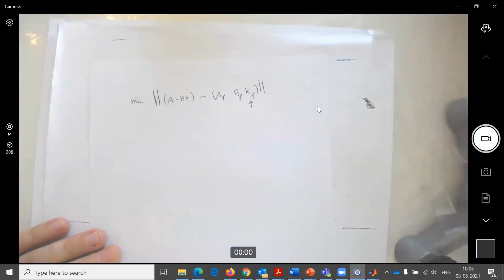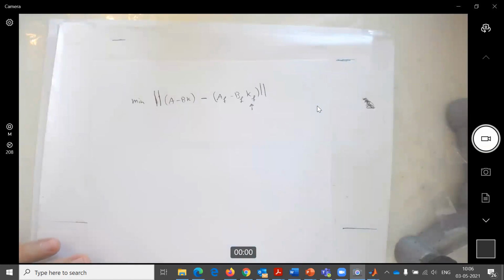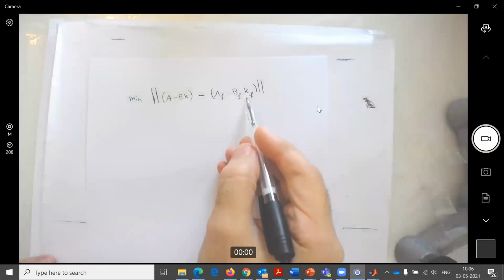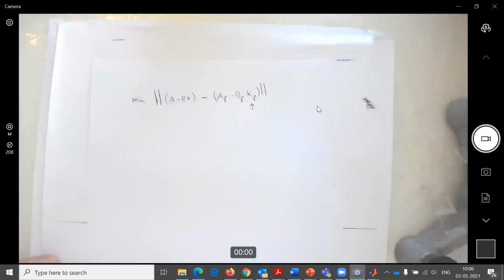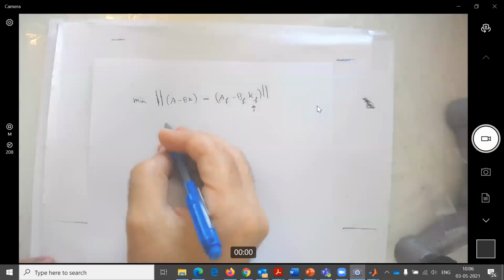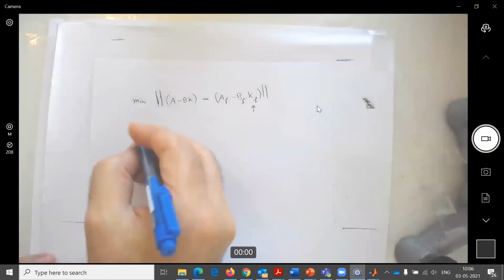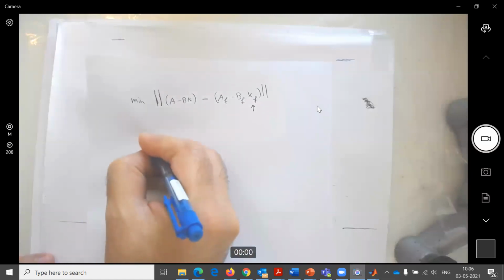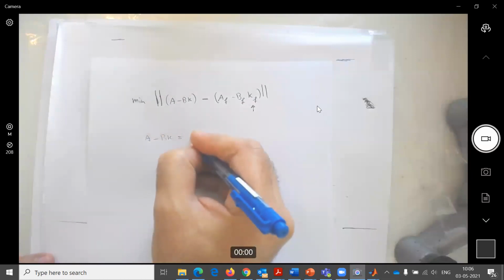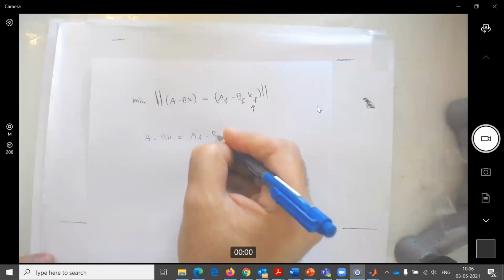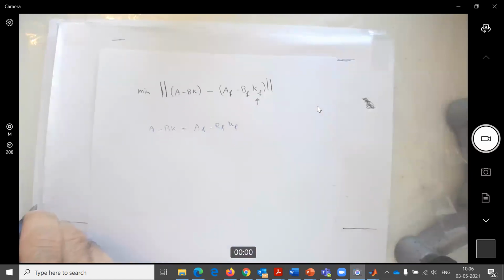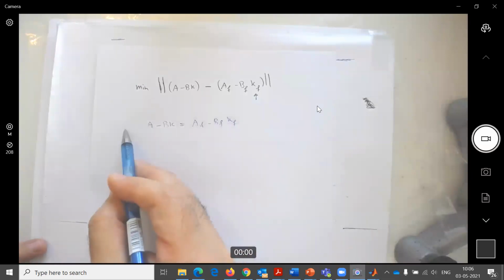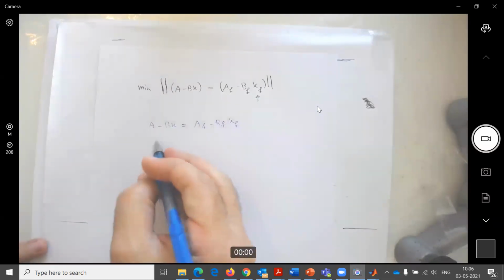If you remember from the least square problem, the ideal case is that A minus BK is equal to AF minus BF KF. Let's write it equal, because that's what we are looking for. The ideal case is to achieve zero error. So I will bring the term with KF to the left side, and the rest to the right side.